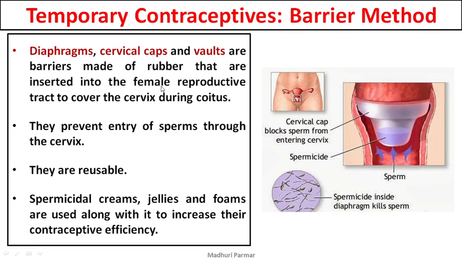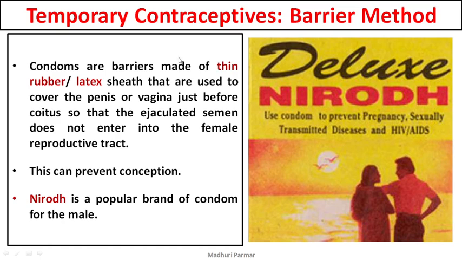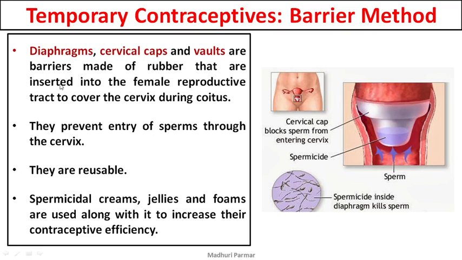Then there are temporary contraceptives in the same barrier method for women. Condoms were mainly for men, and very rarely people use vaginal condoms. More easily used in barrier methods for women are diaphragms, cervical caps, and vaults. Basically, these are just different shapes which cover the cervix. If you remember, the cervix is a very narrow opening.